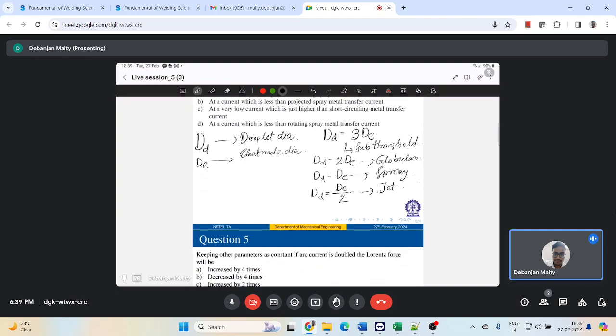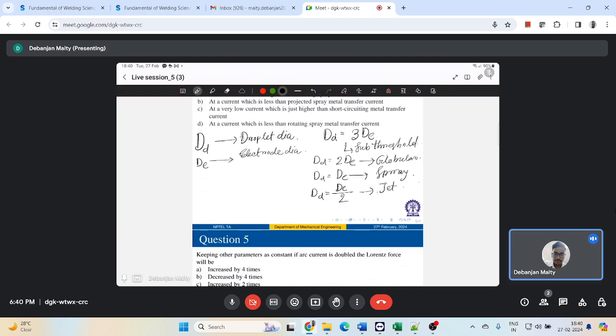So we are talking about globular metal transfer. What is there in globular metal transfer? As I was saying, your droplet dia will be approximately twice your electrode dia, and it is observed mostly at low arc current.